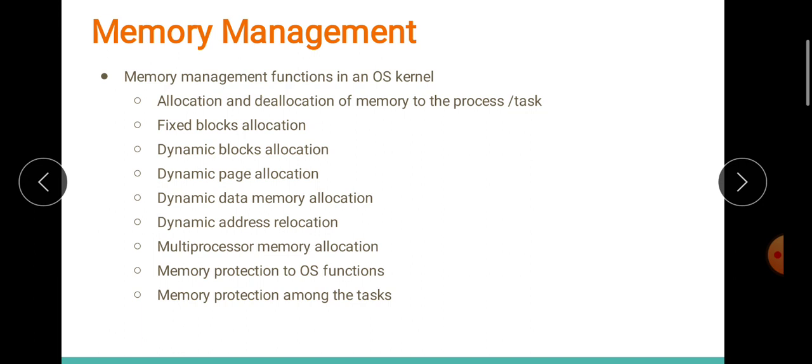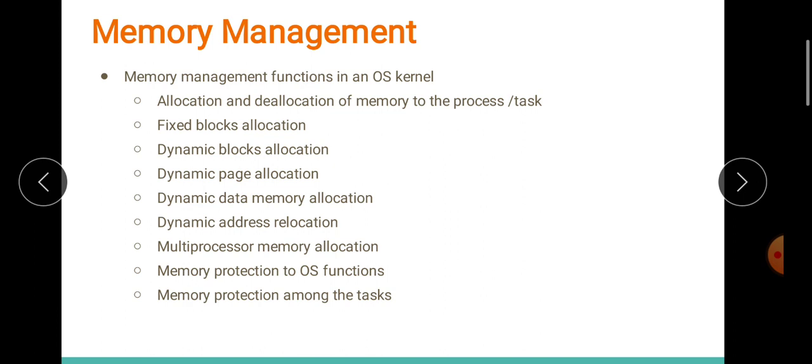Another function is the multiprocessor memory allocation. Now, what may it be? Suppose you have interconnection between two or more processors. The memory manager will adopt some kind of memory allocation strategy between these processors, so that there are no loose ends, right?